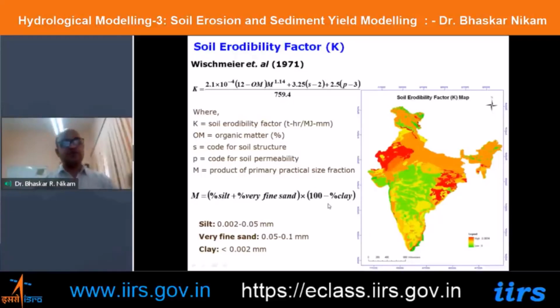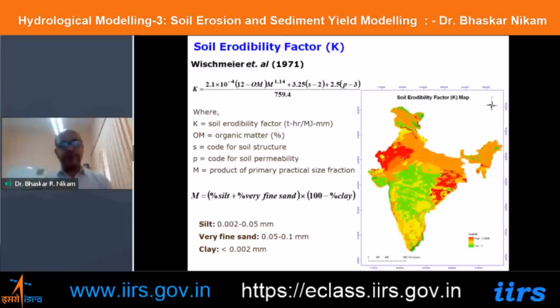So if the clay particles in your soil are fewer, you are susceptible to a higher rate of erosion. If the clay particles increase, the susceptibility of the soil will reduce. Using a soil map, either the NBSS LUP map, your own map, or the FAO map, you can convert that map into a K factor map.